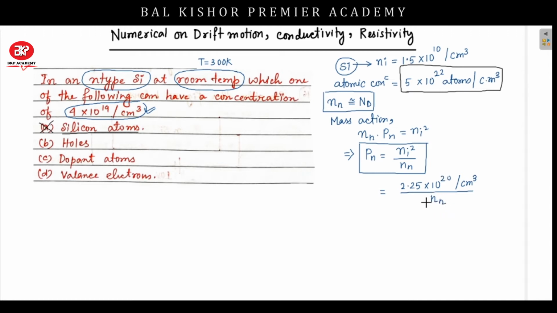Now this Nn will be of very high value. So the hole concentration cannot be of the order of 10 to the power 19, because it is of the order of 10 to the power 20 divided by some high value, so it cannot be 4 into 10 to the power 19. So holes cannot be the answer.